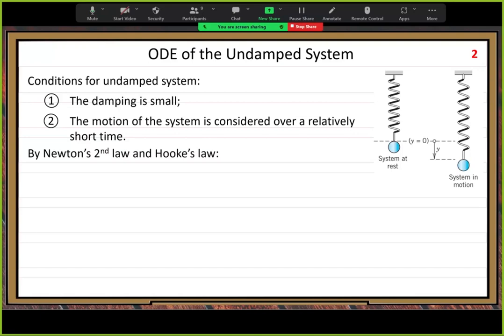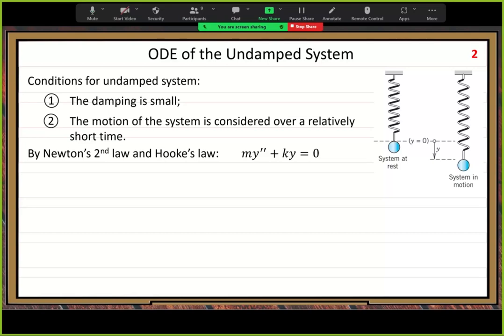Now, our first simplified problem: by Newton's second law and Hooke's law, both, we can set up a second order differential equation like this. m y double prime, from Newton's second law and Hooke's law.